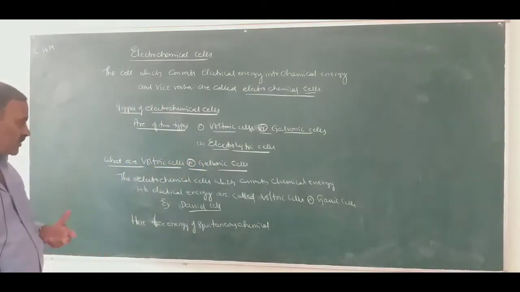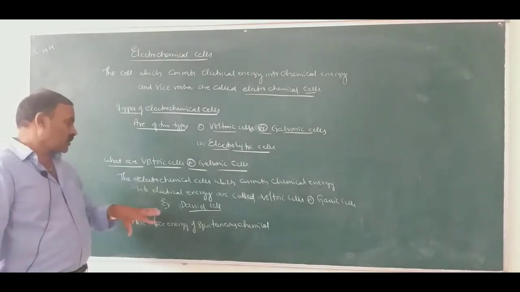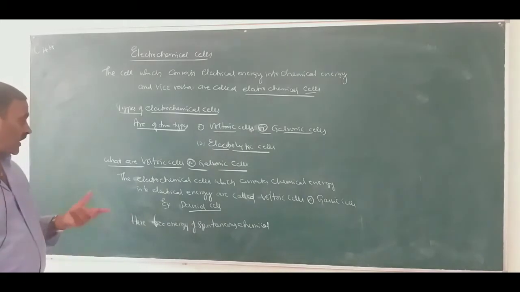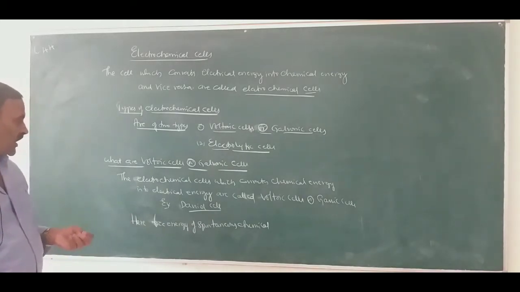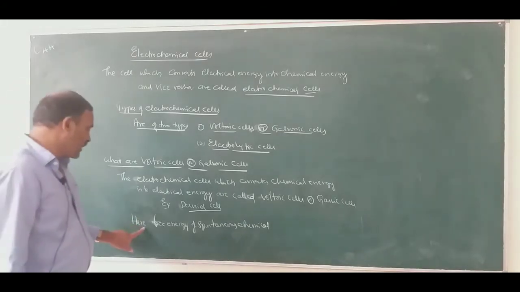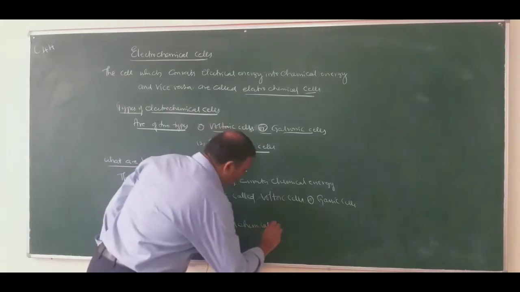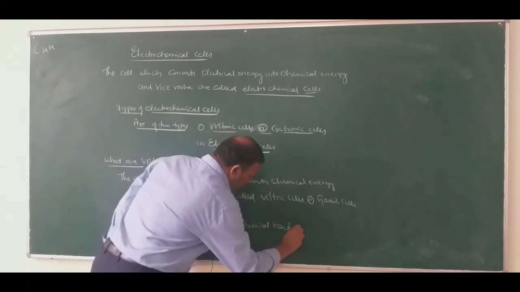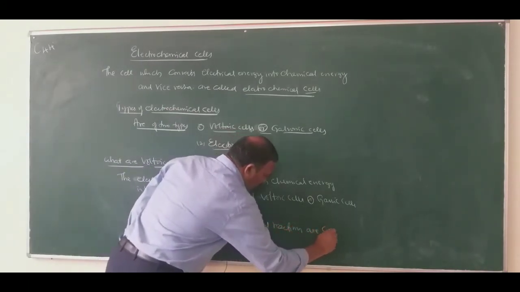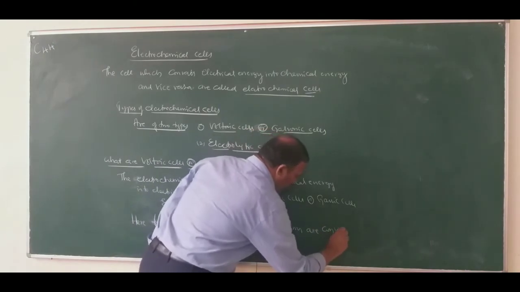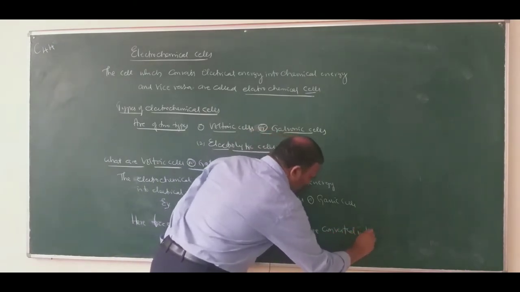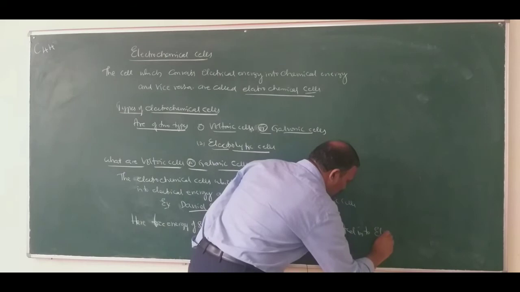Reactions which take place by themselves are called spontaneous chemical reactions. So the energy liberated during these spontaneous chemical reactions is converted into electrical energy. Here, free energy of the spontaneous chemical reactions is converted into electrical energy.